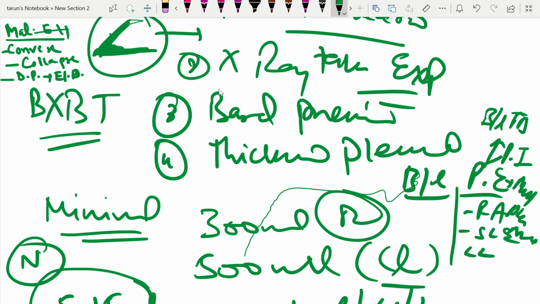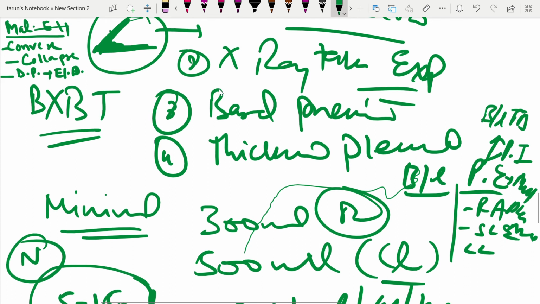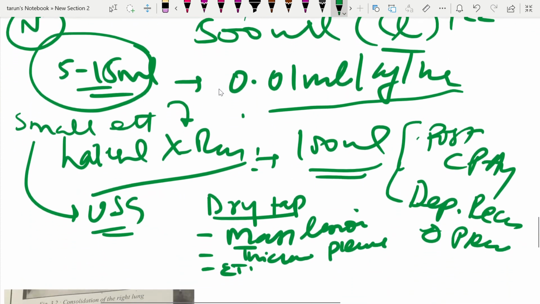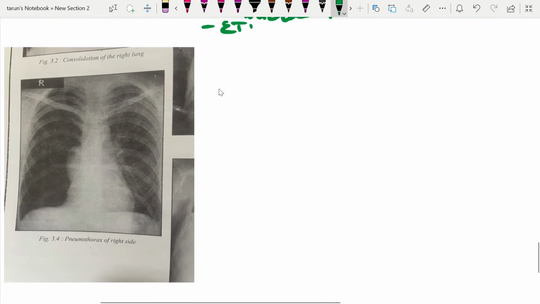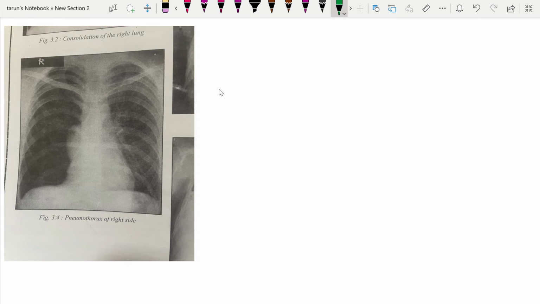So this is about the X-ray of pleural effusion. Now, a question can come: describe this X-ray. Then what will you say?